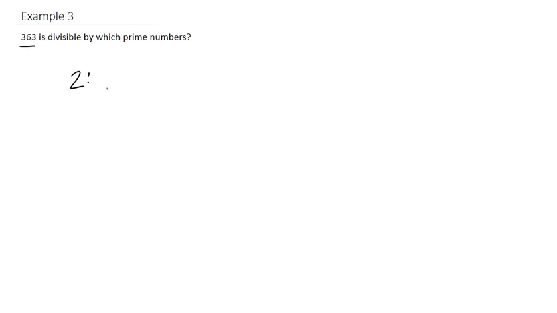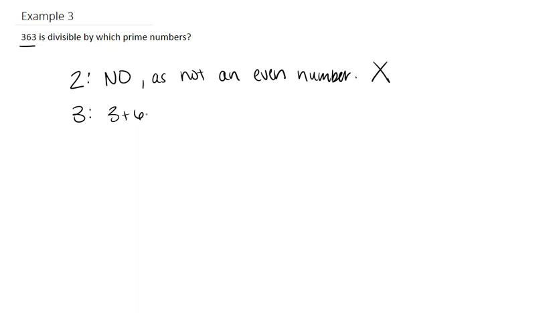Well, it does not end with an even digit, so we would say no, as it's not an even number. Now 3, so 3 plus 6 plus 3 is equal to 12, which can be divided by 3. So it can be divided by 3.